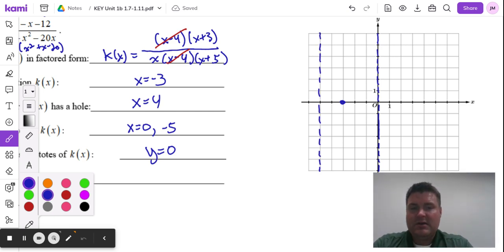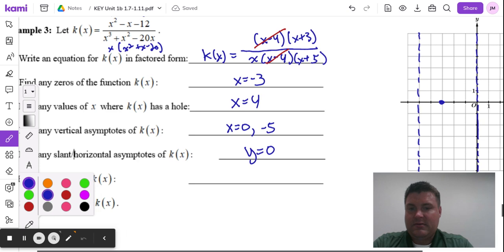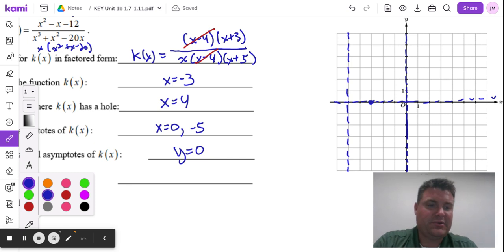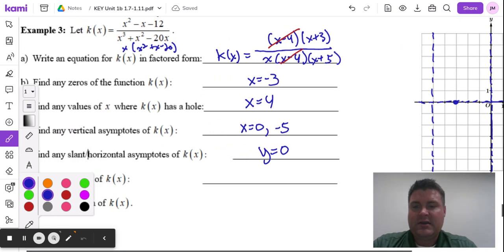I have a horizontal asymptote at 0. You might be saying to yourself, well, that point goes through the horizontal asymptote. Coach, how is that possible? You can go through horizontal asymptotes. Those only refer to the end behavior, not the middle behavior. So you can certainly go through that.